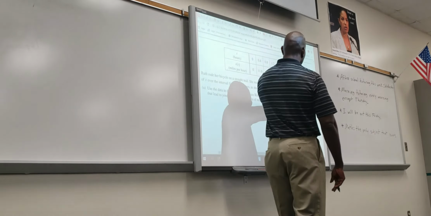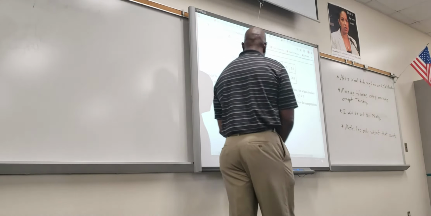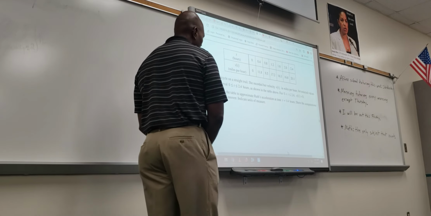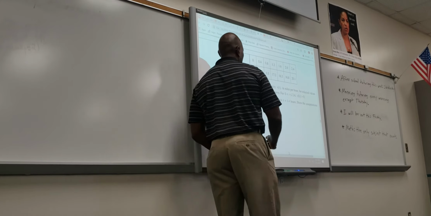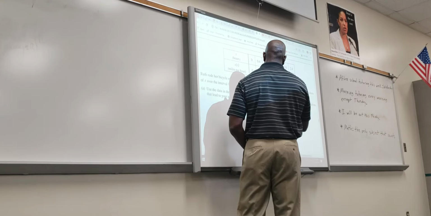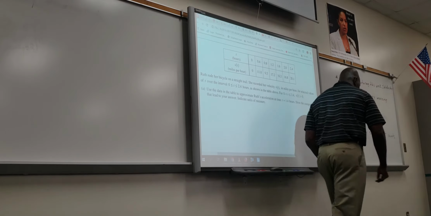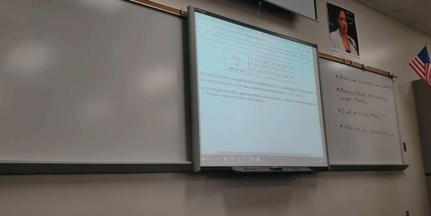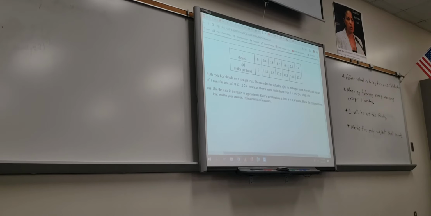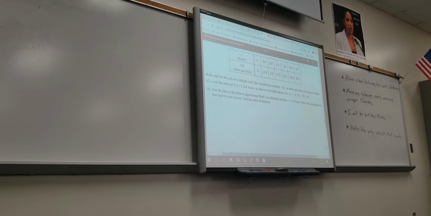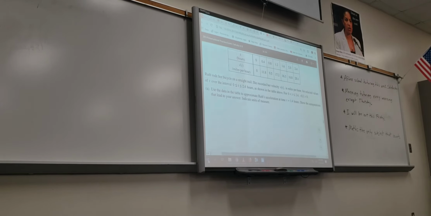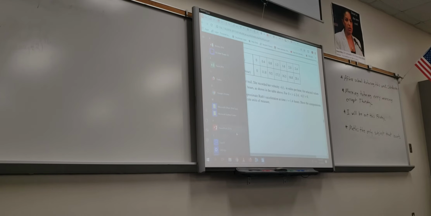Well, they do tell me the velocity is going to be greater than 0. All right, so use the data in the table to approximate Ruth's acceleration. So acceleration is the derivative of velocity. That's something we get into in more detail next week.